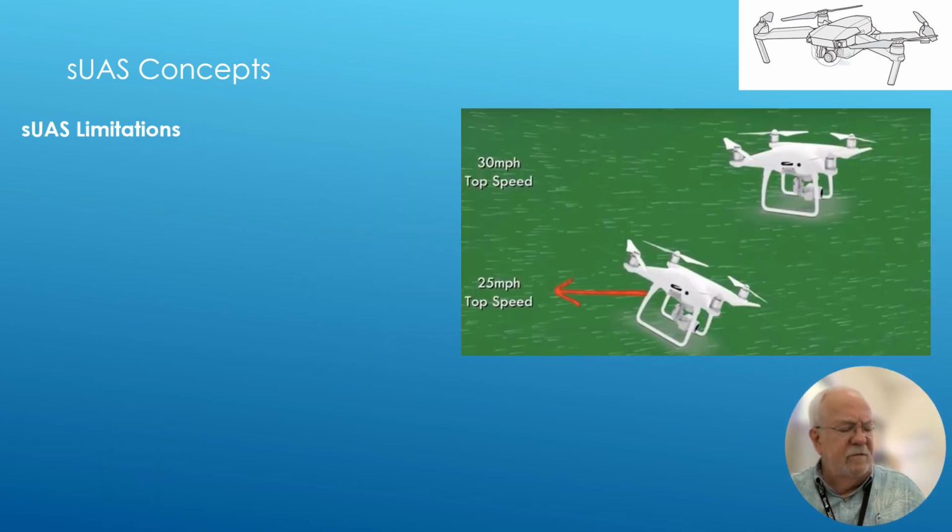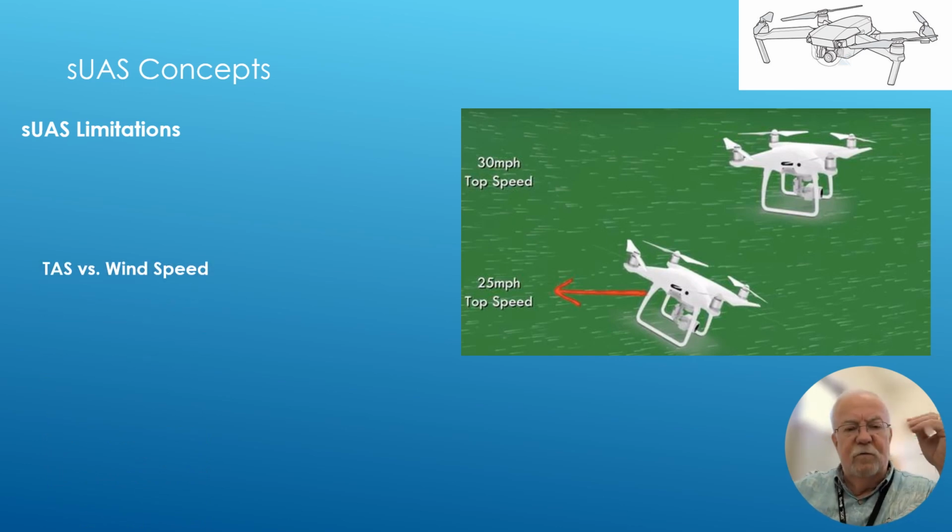Okay, so we have limitations as far as wind as well. There's a concept here of the true airspeed of an aircraft as it moves and the wind speed, the relations between the two.